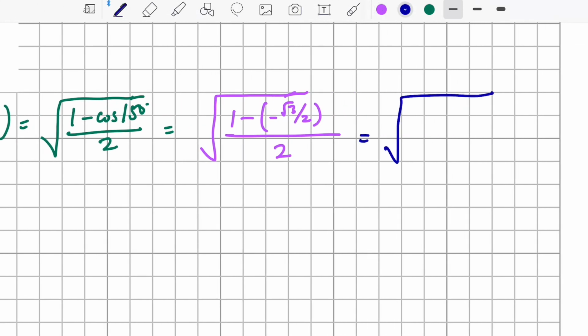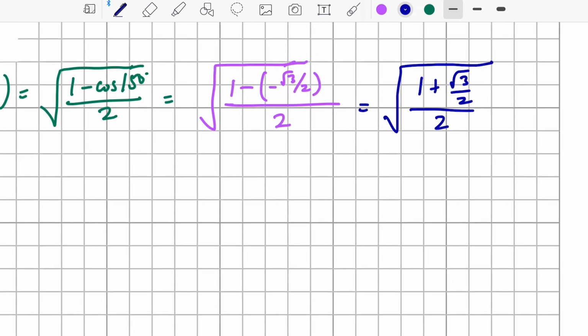That's going to be square root of 1 plus square root of 3 over 2, plus, because we have a negative and a negative, all of that divided by 2. Now, let's simplify this first by rewriting the 1 as 2 over 2. So if it's 2 over 2, that means I can add them.